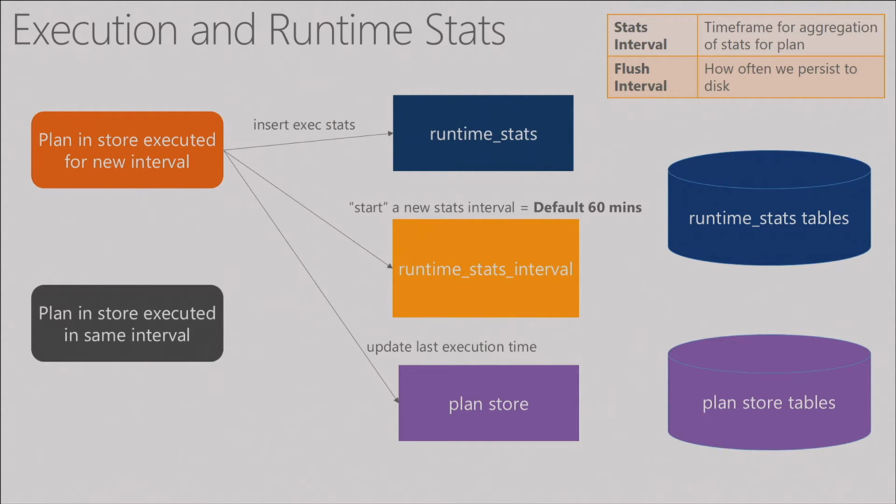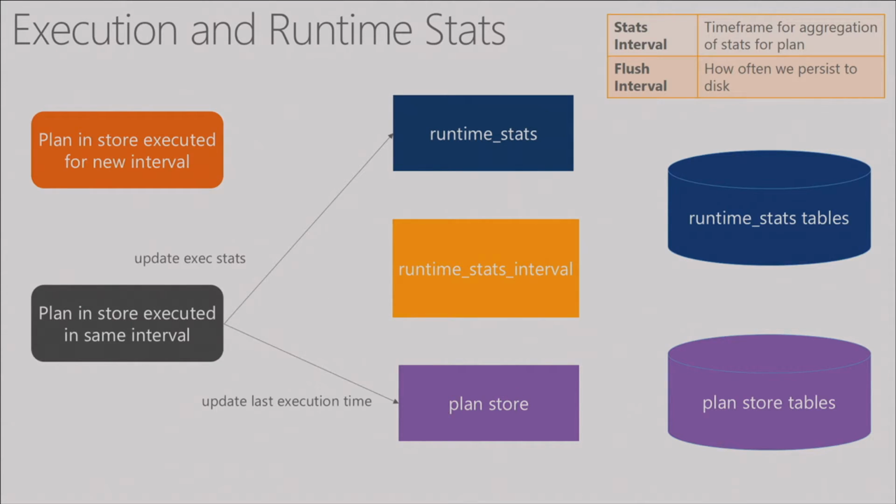If a new interval needs to be opened, then Query Store opens the new interval, generates a runtime statistics entry, and then records the information in the plan about the last execution time. If another query comes within the same interval, Query Store just updates the statistics for that entry. So it doesn't accumulate data. If you have a query executed 1,000,000 times within 1 hour, you'll have only one record in Query Store.